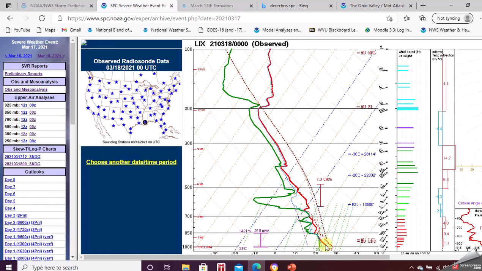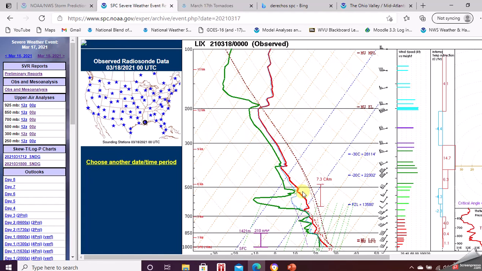If you took an air parcel from down at the ground and lifted it up moist adiabatically, it would be staying right here. Notice the temperature difference. That is a lot of temperature difference right here. So this whole area is called convective available potential energy, CAPE.